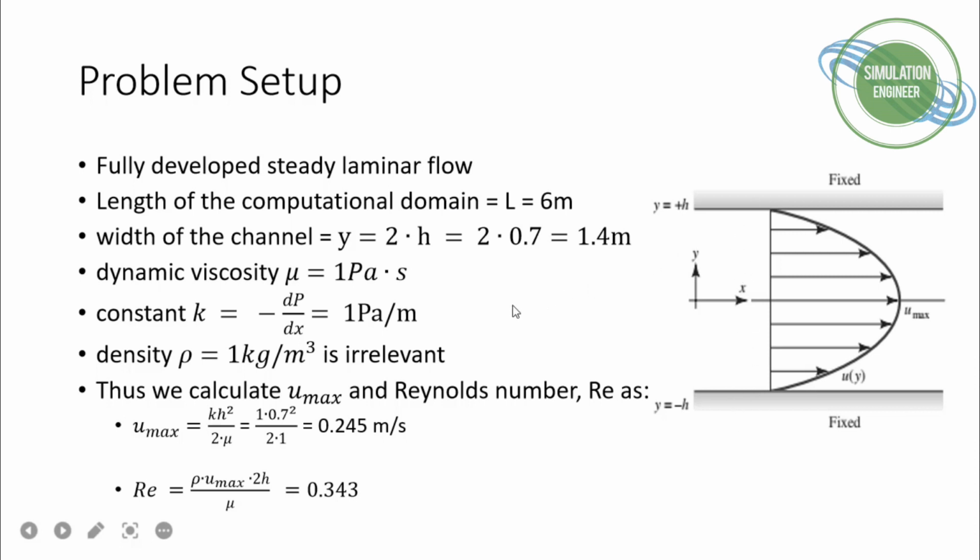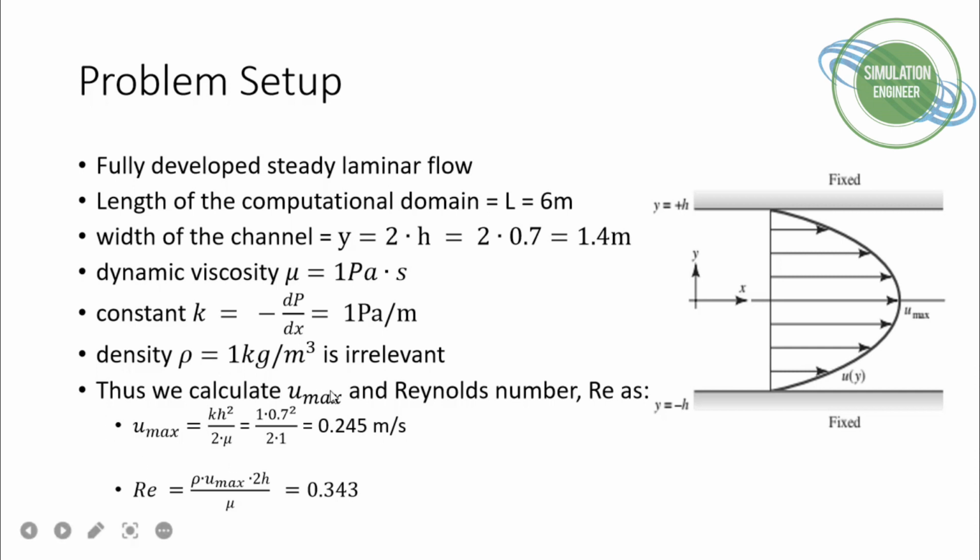We are assuming here a dynamic viscosity of 1 Pascal second, and a constant K, a pressure gradient of 1 pascal per meter. And density is, you can say, irrelevant, because at the moment we are just assuming a constant density. It's a laminar flow, very, very slow.